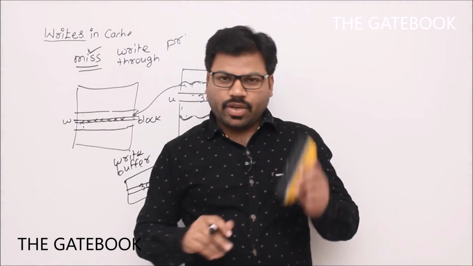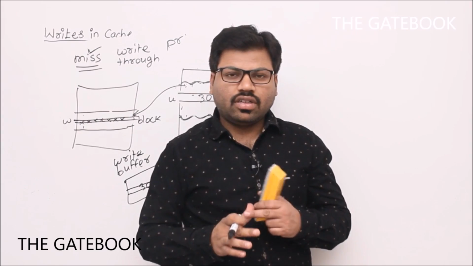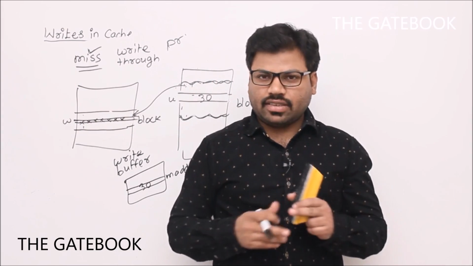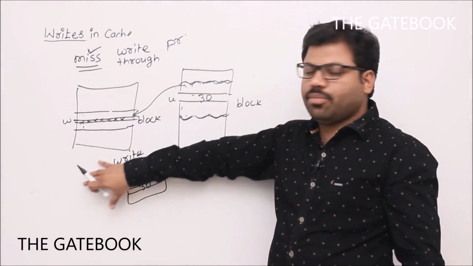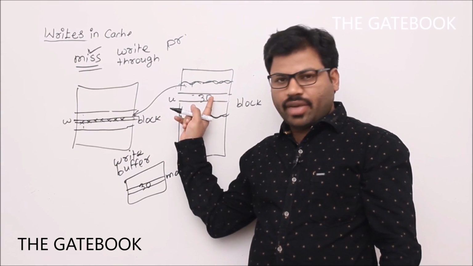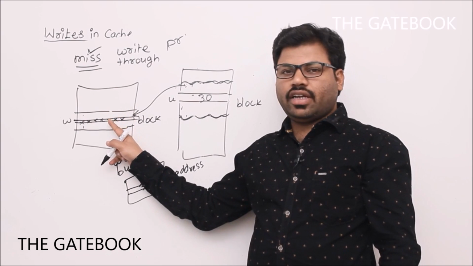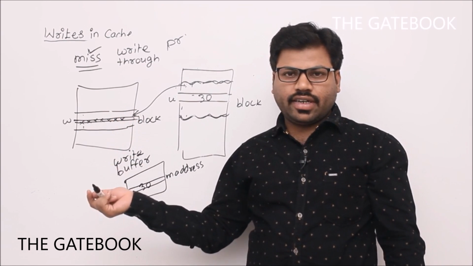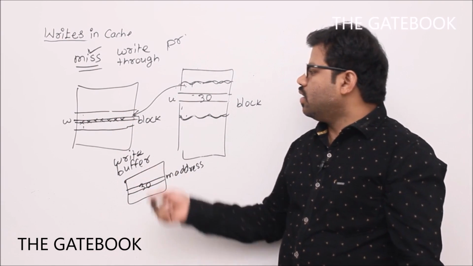Let me summarize the miss case. Whenever there is a miss, there are two strategies. One is without a write buffer: first update the main memory and transfer all the data to the cache, so the cache also contains the written data. That's it.